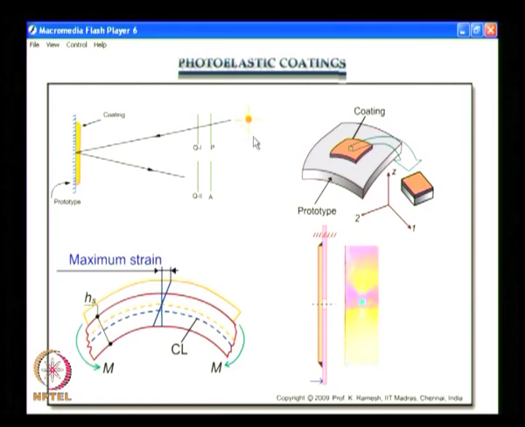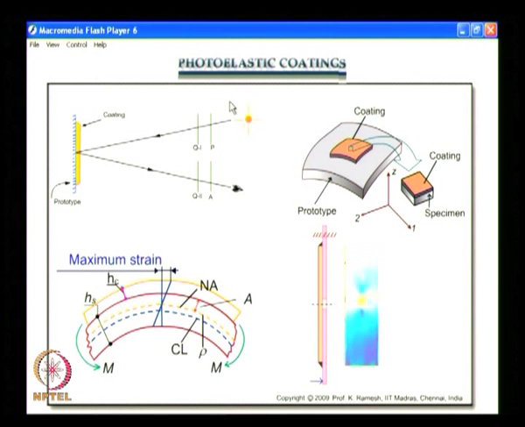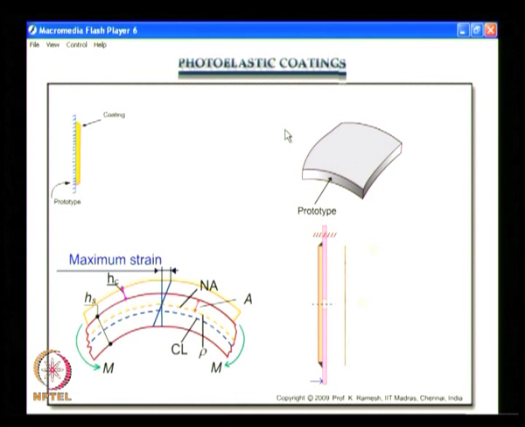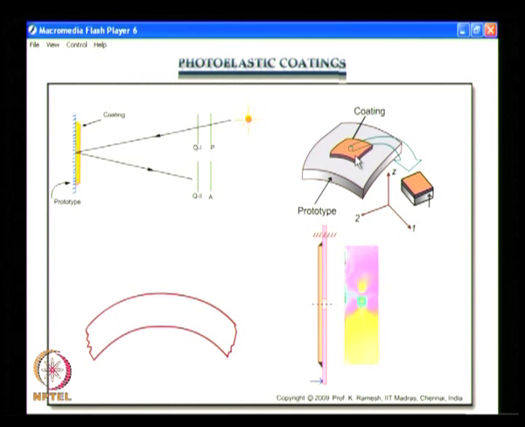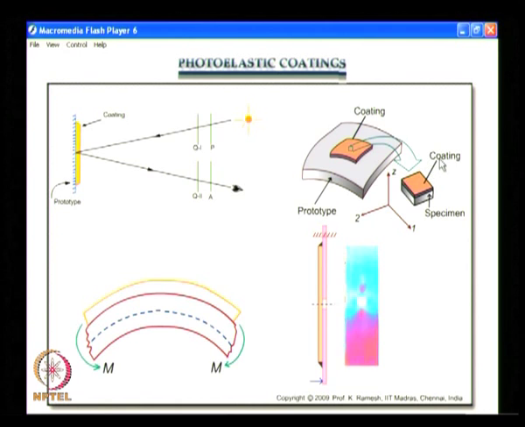And what you have here is the basic optical arrangement that is used. Once you come to photoelastic coatings, you need to make idealizations on how you translate the results seen on a coating to the specimen.